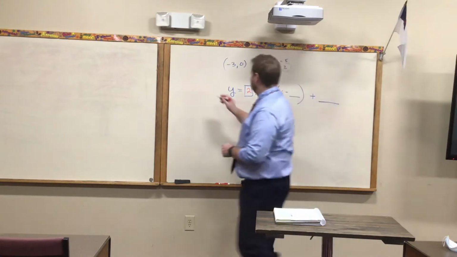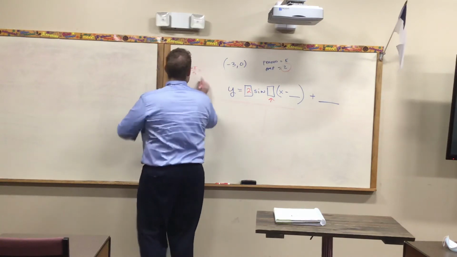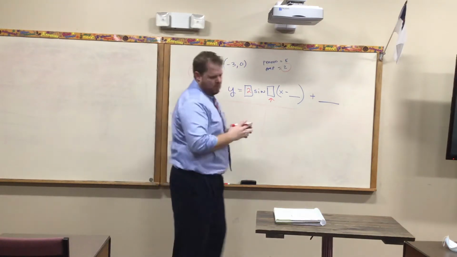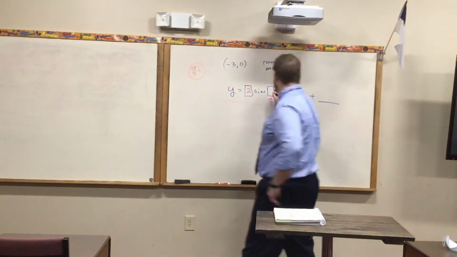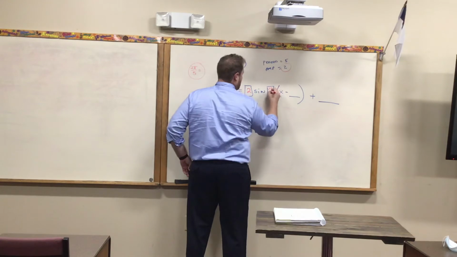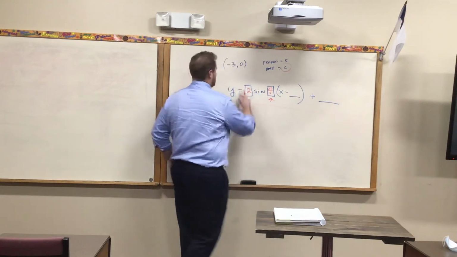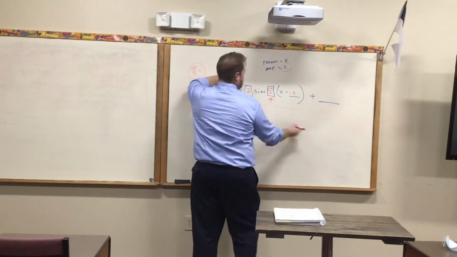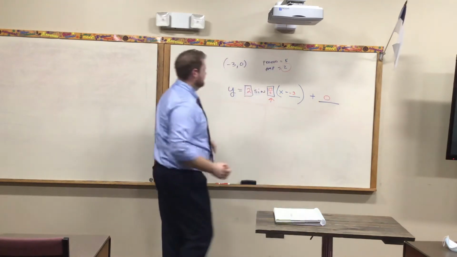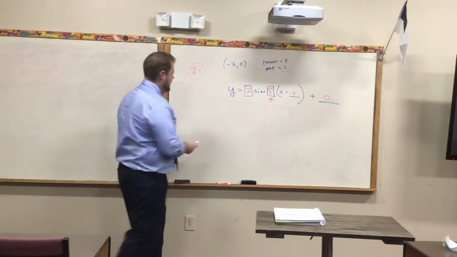It's going to be 2 pi over 5. That is actually what you'll enter into our equation. So right here, it's 2 pi over 5. What's this number? -3. What's this number? 0. So we are now ready to solve out our equation.